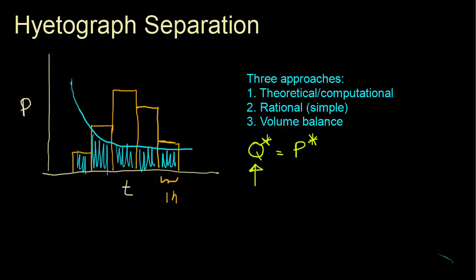So we can take the total precipitation, let's say that's 1 inch of precipitation, right? We can take the depth of water from the hyetograph, multiply it by the area of the watershed to get the total volume of water added by precipitation.